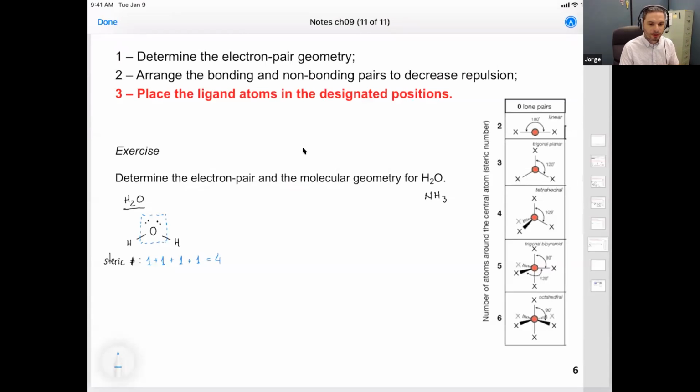The most stable geometry to arrange 4 groups around a central atom is tetrahedral. And that's going to be the electron pair geometry here.